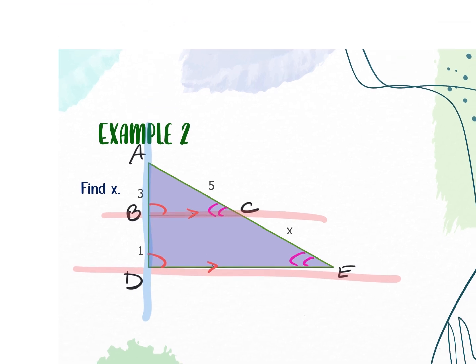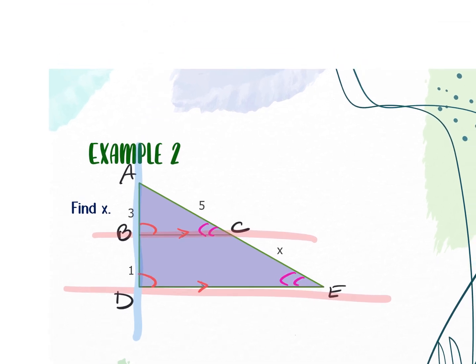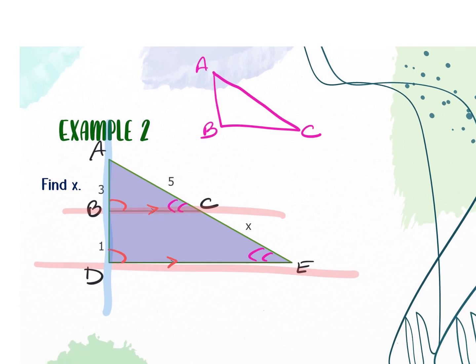All right, so now let me pull them apart so you can see the corresponding matches. So let me redraw the little one, the ABC, right there. And then draw the larger one, the ADE.